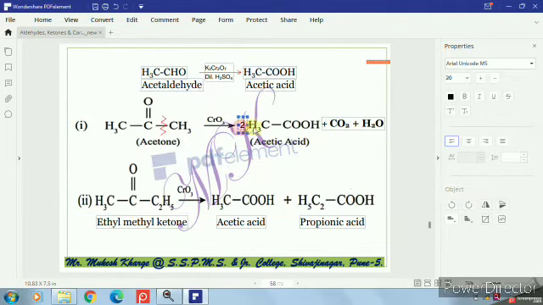Okay, sorry, here we get CO2 plus H2O, so this product is not obtained. Only one molecule of acetic acid is obtained.